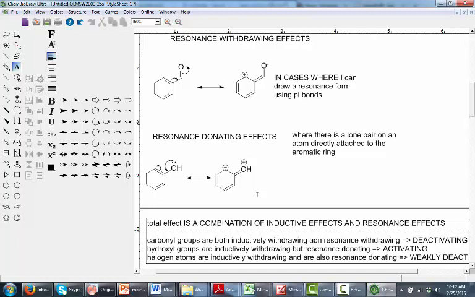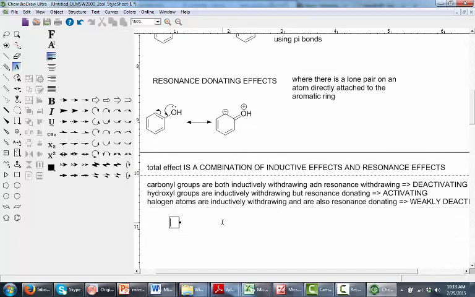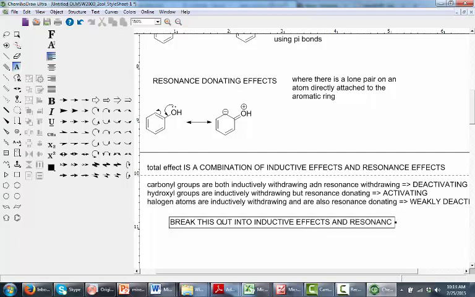So again, we can talk broadly about substituents being electron donating or electron withdrawing. However, we can then, as a secondary level of understanding, break this out into inductive effects, that's the electronic effects along sigma bonds, and resonance effects, which is the electron effects along the pi bonds.